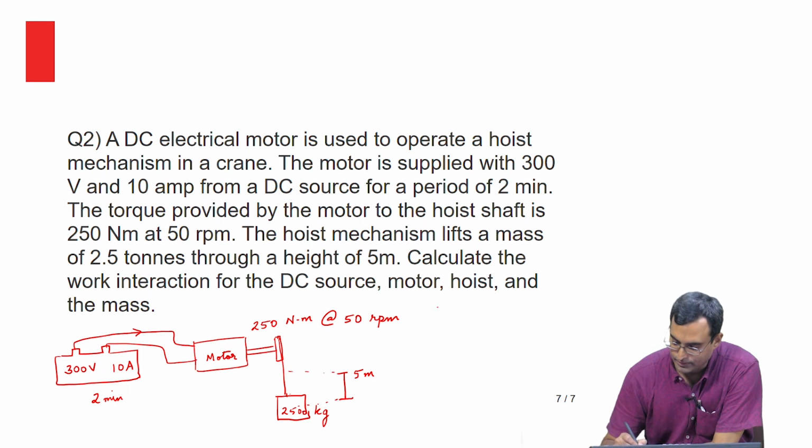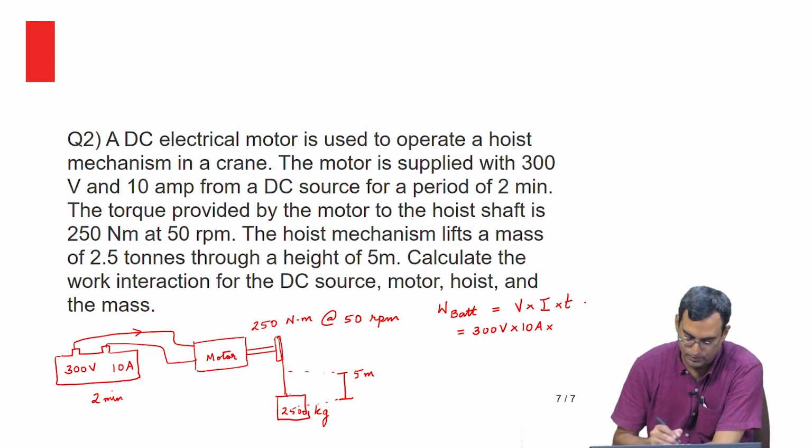So, we can look at initially the work interaction for the battery, because that is possibly the easiest to do. So, the voltage into the current, it is DC voltage and DC current, would give us the power, into the time would give us the work interaction. So, this is 300 volt into 10 amp into time, which is 2 minutes.